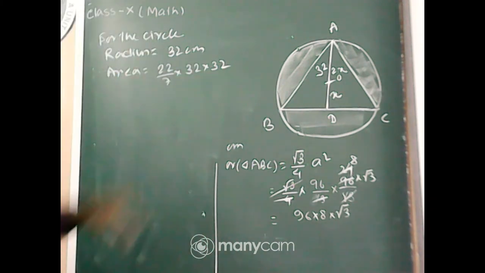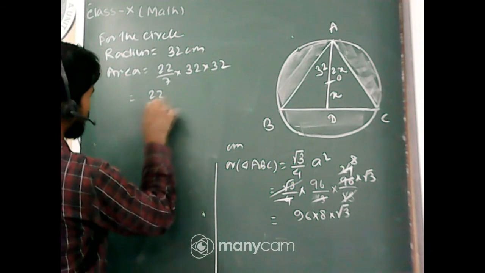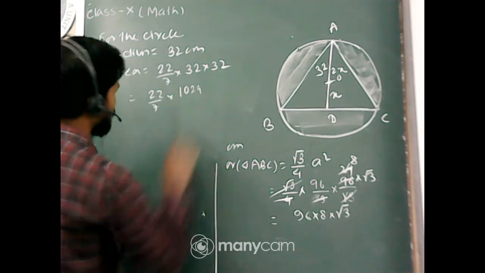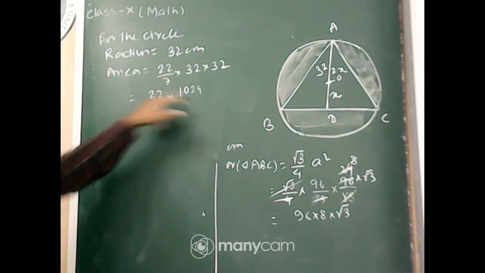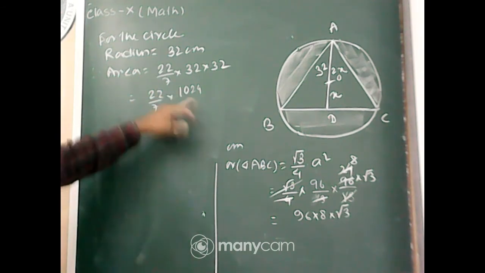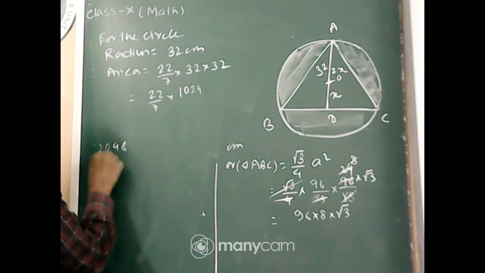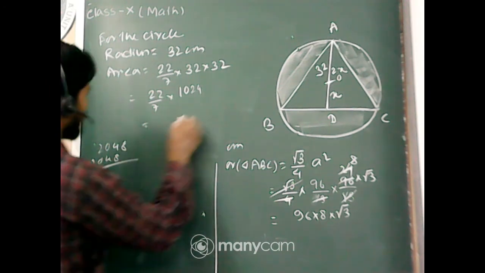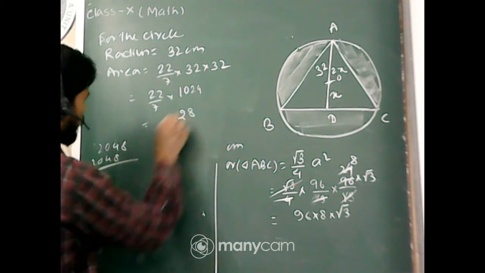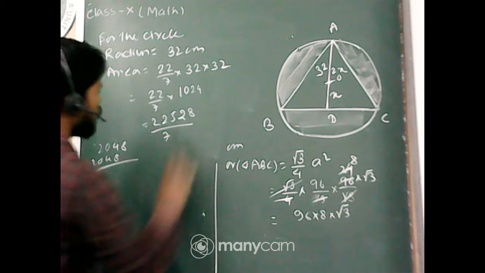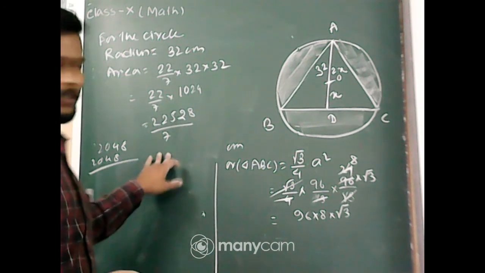Now do the calculation. That is equal to 22 by 7 into 1024. Multiply 22 and 1024. So this will be 22528 by 7 centimeter square.